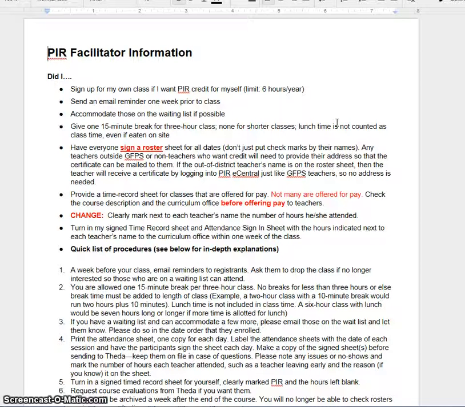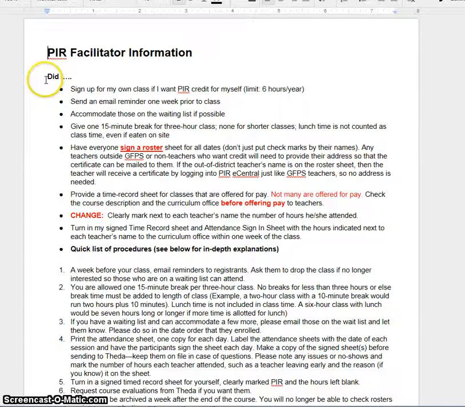The other piece is best practice. You're going to see a number of things in here to make sure that everyone is on the same guidelines so that we can have consistency in decision making, so there isn't a lot of chaos and there's no bias in decisions when it comes to allowing PIR for various events and not others. So we have to have consistency, and that's what these guidelines and rules provide for us.